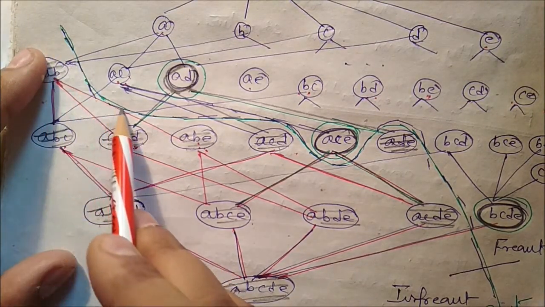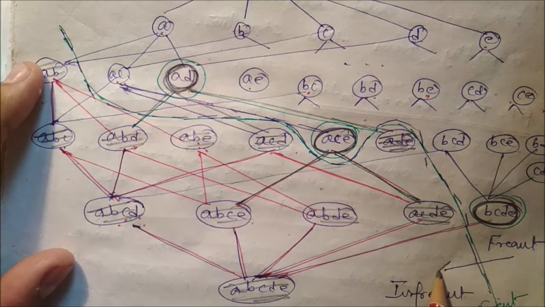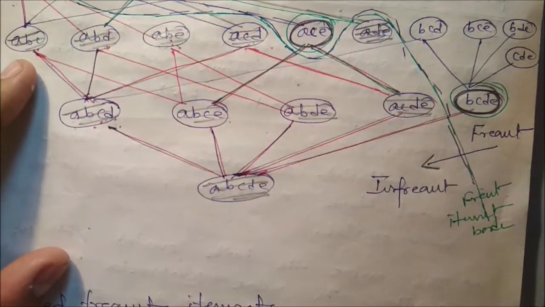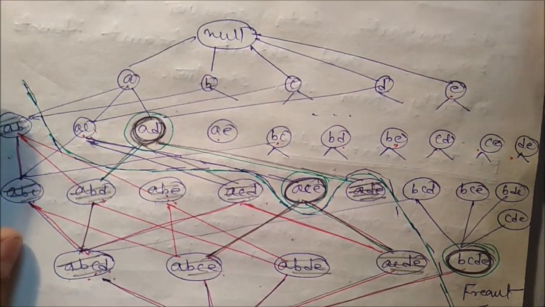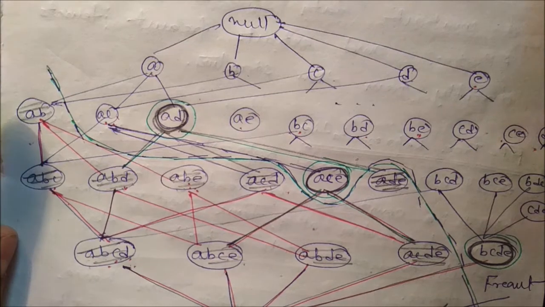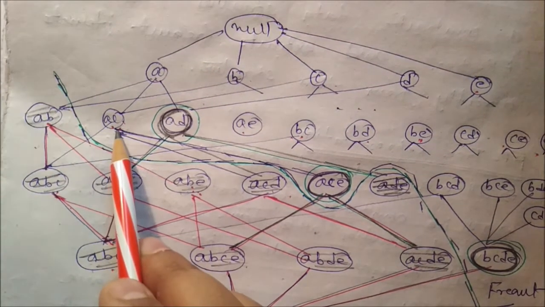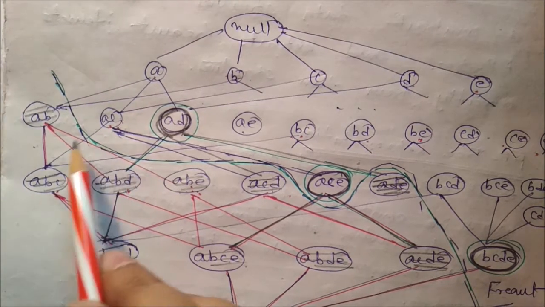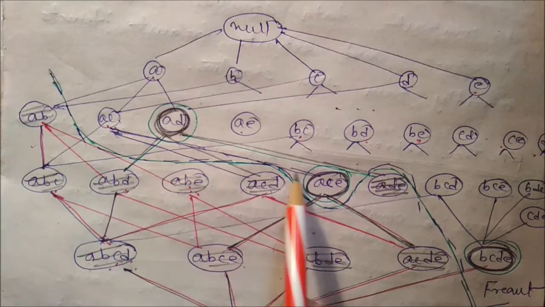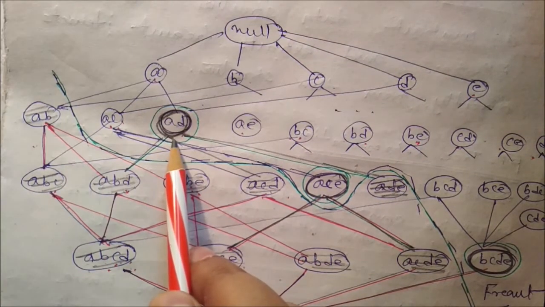This region is the infrequent region, and above this particular line is the frequent region. Now we have to identify the maximal frequent item sets. You can see here AC is not a maximal frequent item set, because one of its children is frequent.